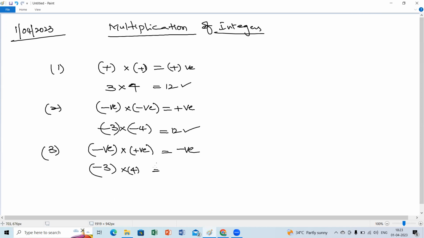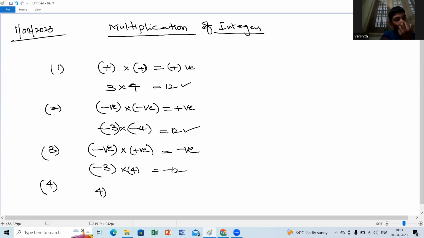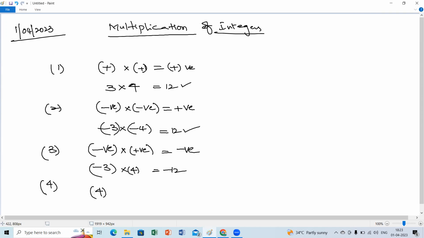We can write this in any order, we know multiplication can be done in any order, right? Yes, ma'am. So positive 3 multiplied with negative 4 is also equal to -12.